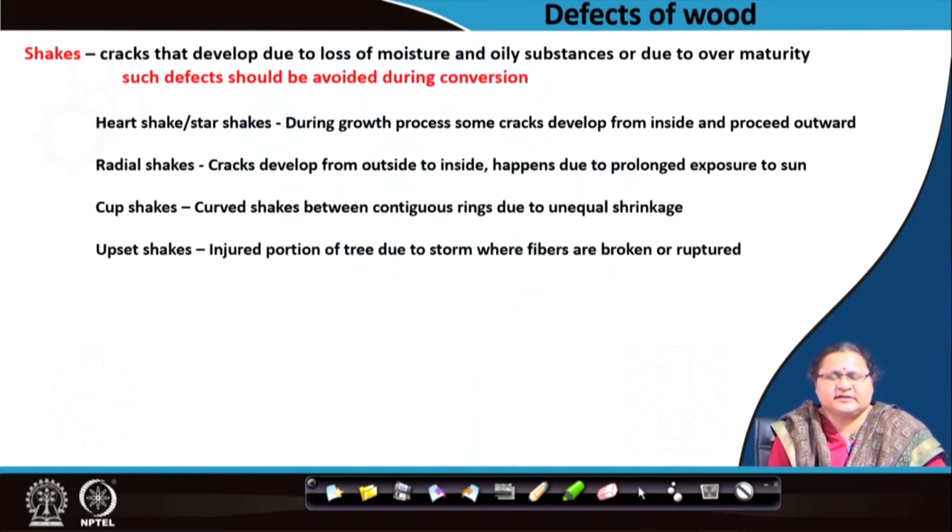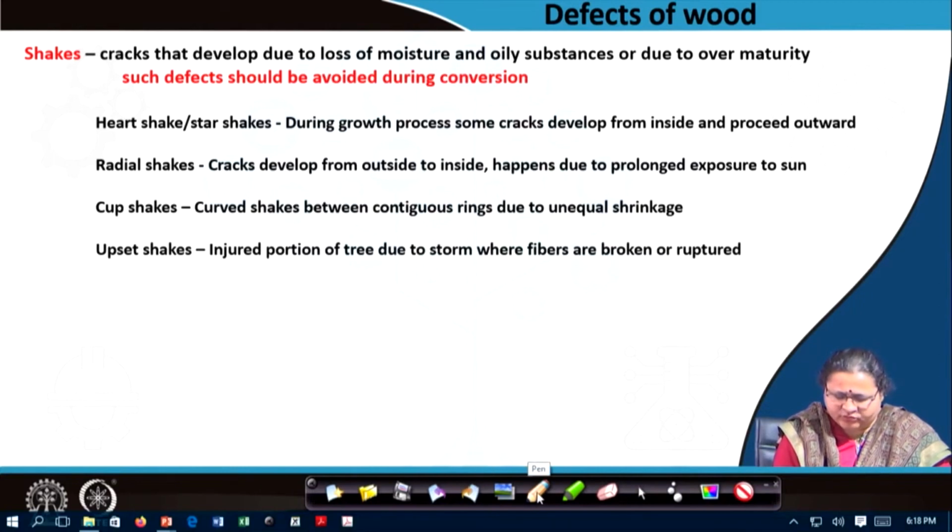So, first are the shakes, where you see that there are different types of shakes: heart shake, star shake, radial shake, cup shake, upset shake. Let me try to show you a few shakes.